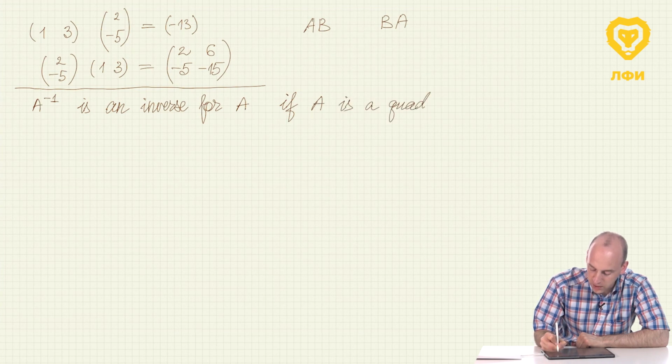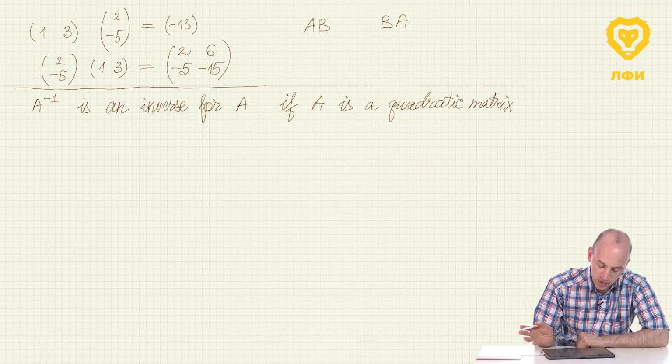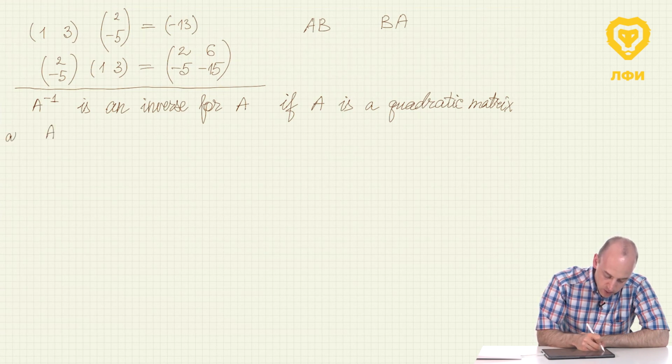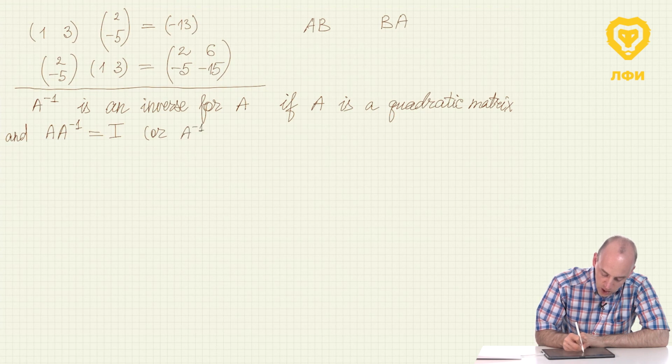So the concept of inverse matrix can only be considered for quadratic matrices. And so A is a quadratic matrix, and A times A to minus 1 is equal to I, or A to minus 1 times A is equal to I.